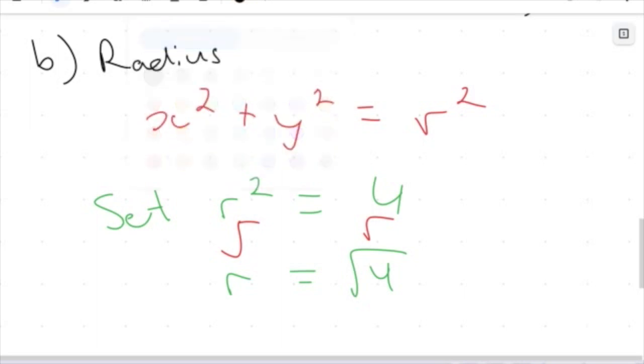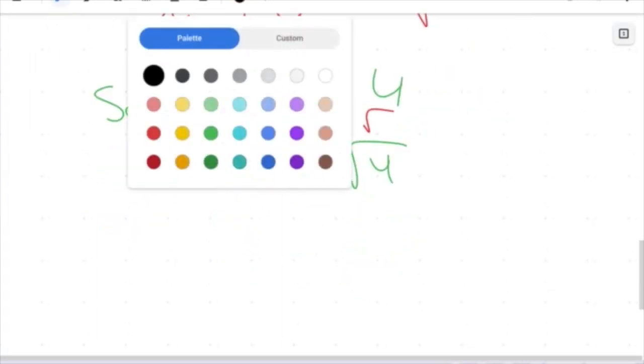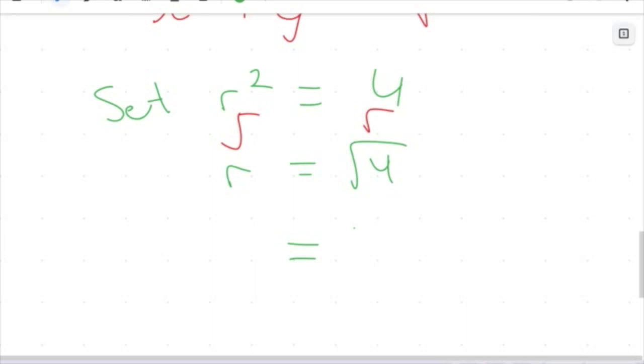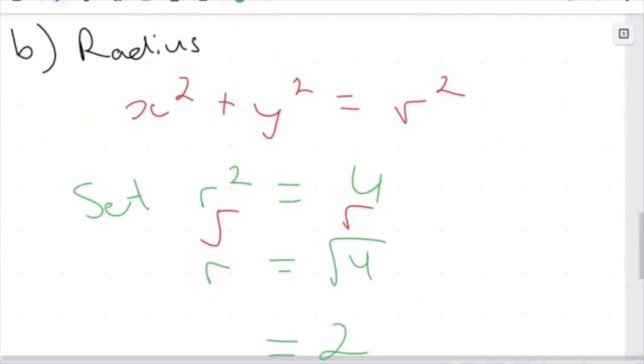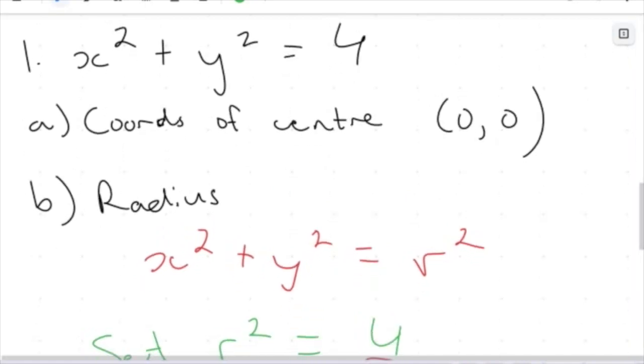And I get a radius of 2. So this is how we can calculate the radius. And this makes sense because even though we're given a whole number, we just want to find what the square root of that number is going to be. That gives us our radius, because the radius squared, a number squared, gives me 4.